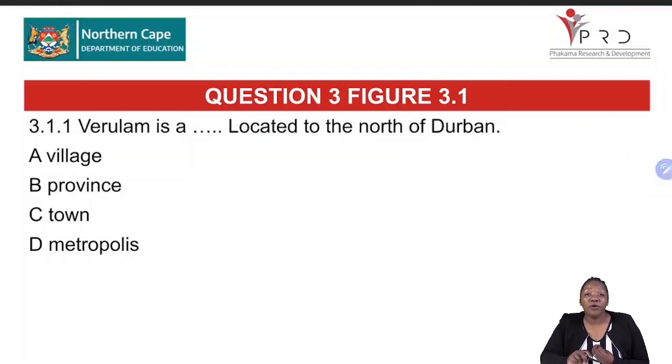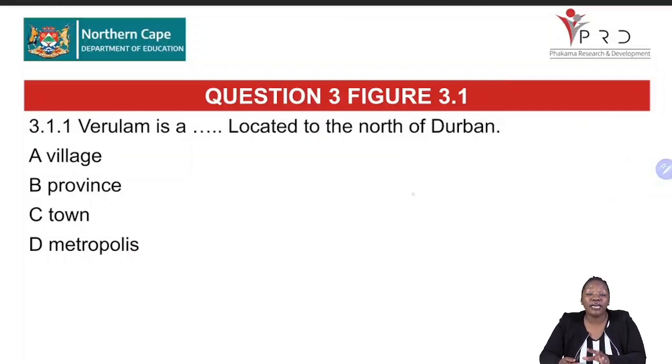Your 3.1.1, Verulamhr is located to the north of Durban. Is it a village? Is it a province? Is it a town? Is it a metropolis? So therefore, if you did not read the general information and you don't know this Verulamhr, it will be difficult for you to answer this question.